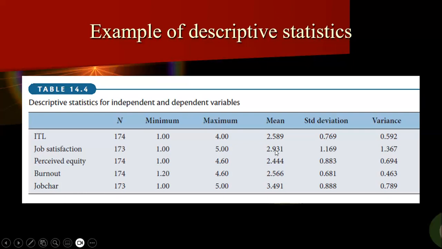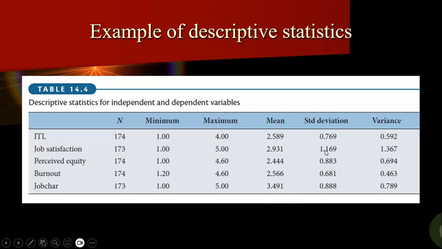In the whole data set, the average value or the mean value of job satisfaction is 2.931, which shows the central value or the representative value of all the observed values in the data set.